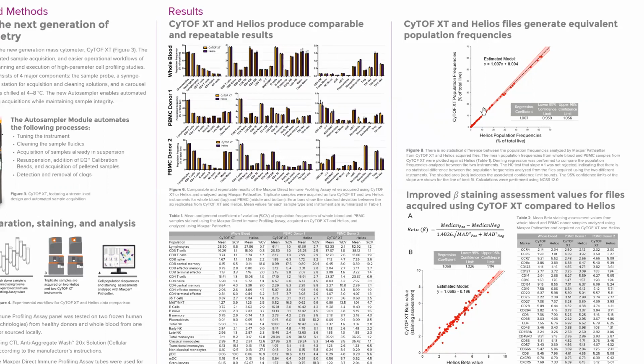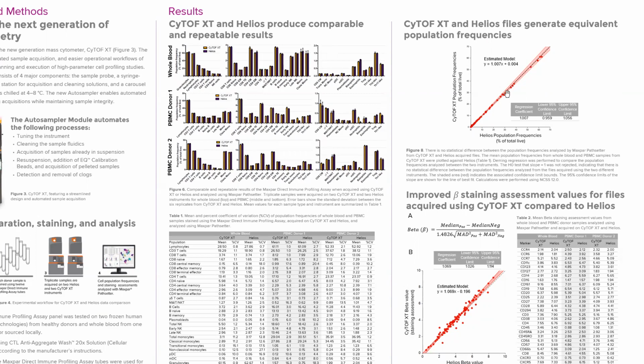The H0 test that the slope equals 1 was not rejected, indicating that there was no statistical difference between the population frequency analyzed from the files acquired using these two different instruments. If you look at this picture here, the shaded area in red indicates the associated confidence limit bound. The 95% confidence limits of the slope are shown for the line of best fit here.